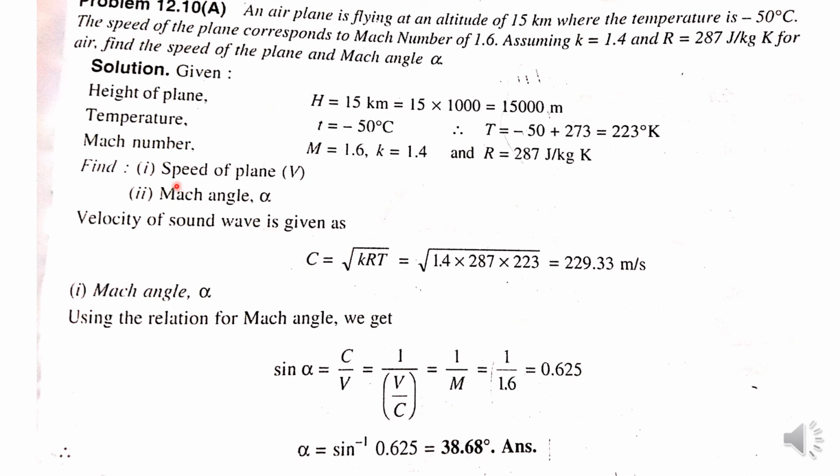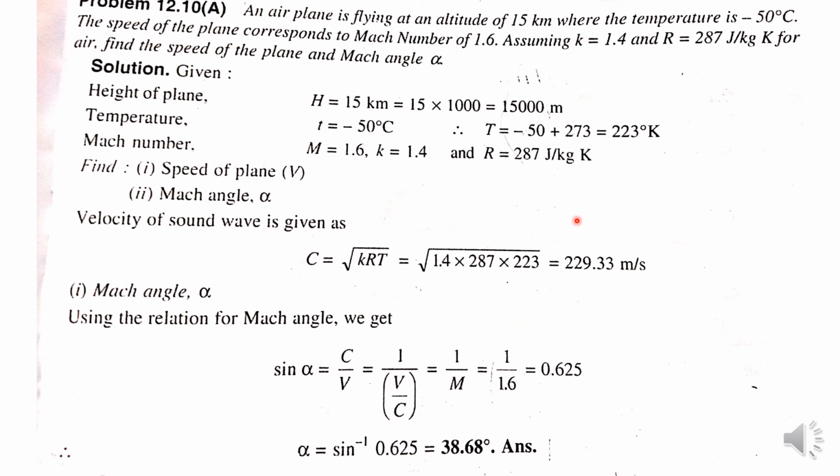The speed of the plane we have not calculated here, which is given by the formula Mach number M is equal to V divided by C. Mach number is already given 1.6. C we have already calculated, it is 229.33. So with that we can easily calculate the speed of the plane V. After calculation, we are going to get V as 478.928 meters per second.